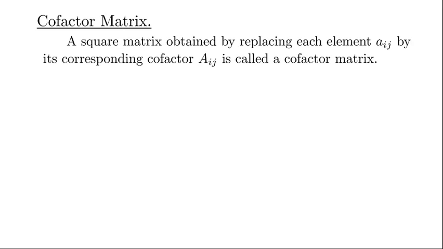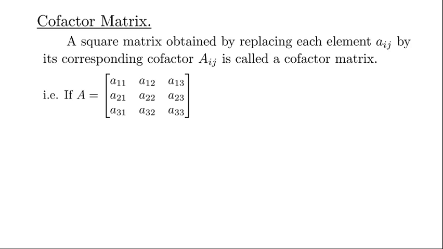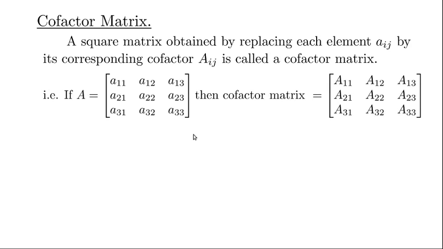A square matrix obtained by replacing each of its elements Aij by capital Aij, that is the cofactor of Aij, is called a cofactor matrix. If this is the given matrix A11, A12, A13, A21, A22, A23, A31, A32, A33, then the matrix obtained by replacing these elements by their corresponding cofactors, that is capital A11, capital A12, capital A13, and so on, becomes the cofactor matrix. So this is the cofactor matrix.